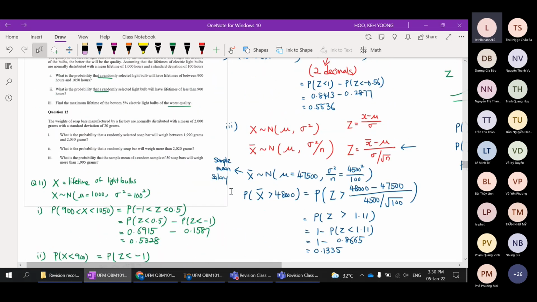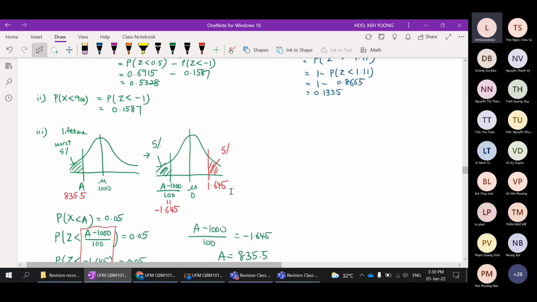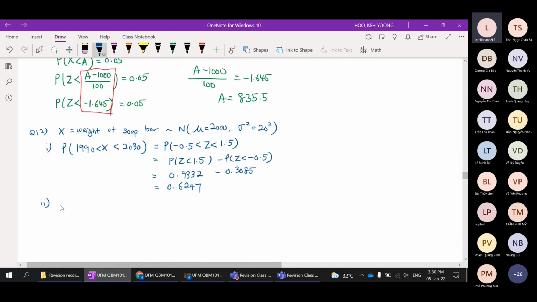The probability that the randomly selected soap bar will weigh more than 2020. So find the probability X more than 2020. Convert to Z, you get 1.